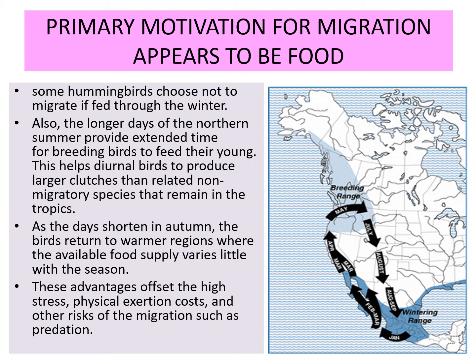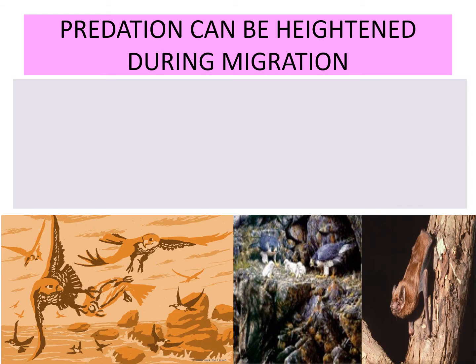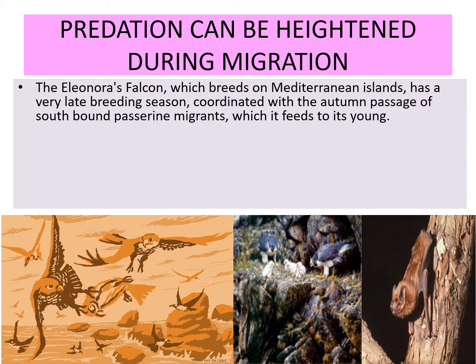So in this figure, you can see how the bird moves from one place to another. The breeding range is different and the wintering range is different. So because of the food, it moves. Now predation can be heightened during the migration.